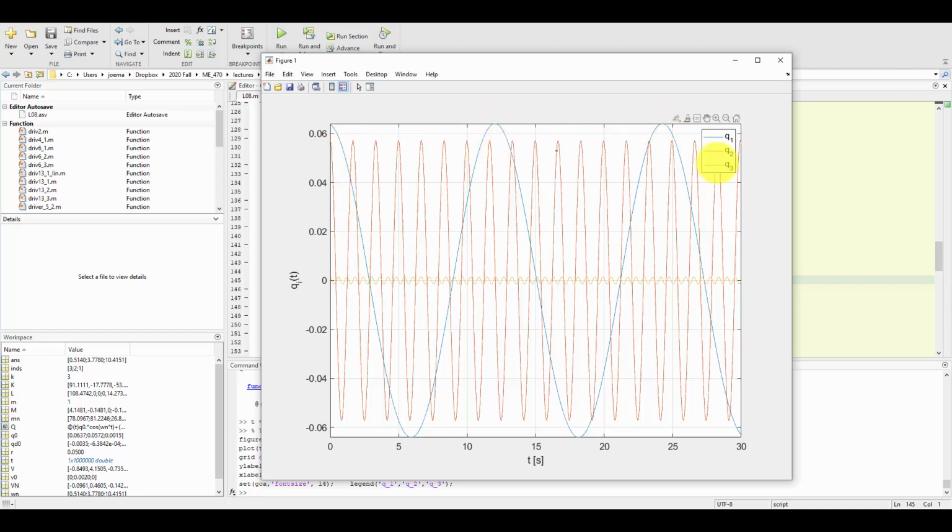Q2, in kind of this orange, has a faster frequency of oscillation, and Q3 has that fastest frequency from that 10.4 radians per second. So these are the individual principal coordinates on their own. And again, there's not really a physical interpretation we can make from the principal coordinates. We're only in this coordinate space because mathematically it's really convenient to work in.